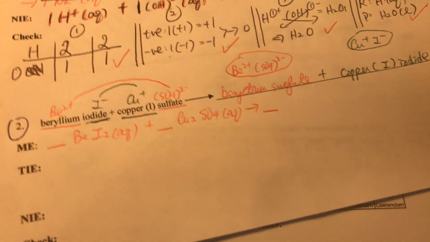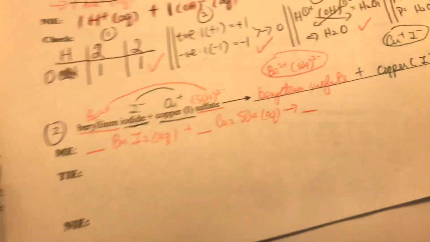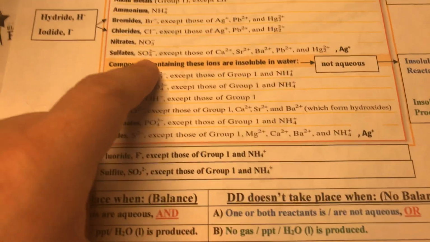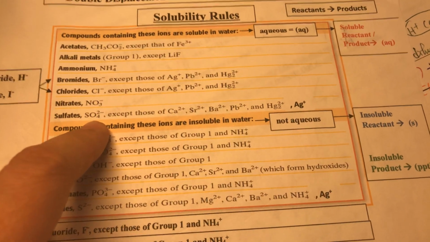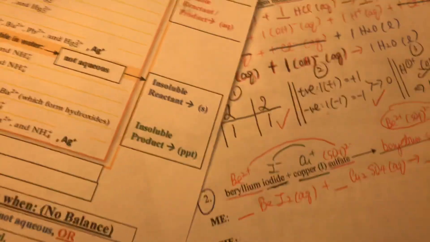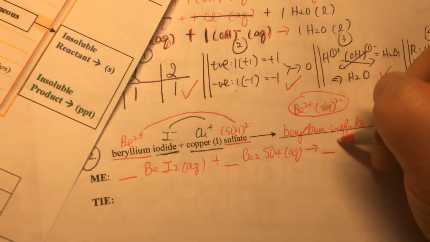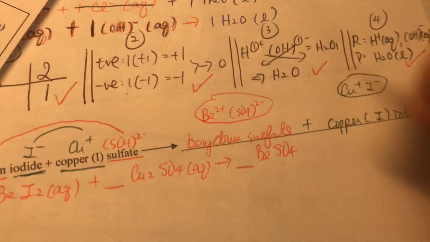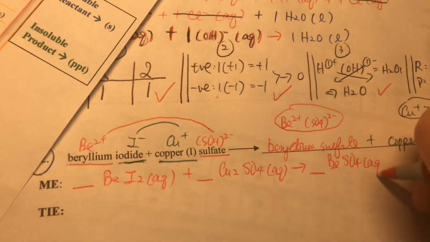So beryllium sulfate. We check sulfate. Sulfate is soluble, no exception. So beryllium sulfate is AQ, so we can use red pen now. So it will be BeSO4 after you simplify, AQ.